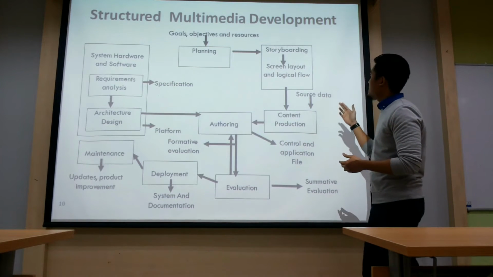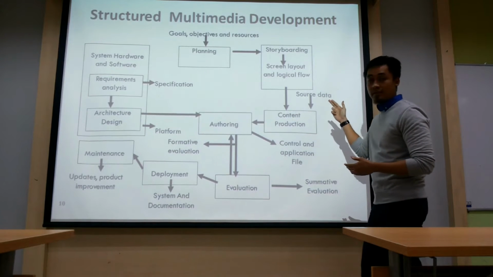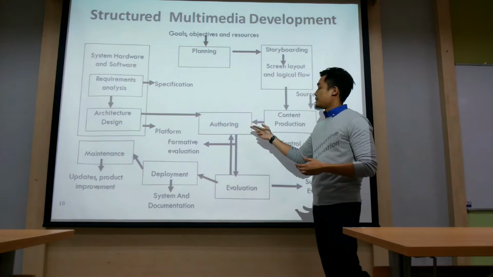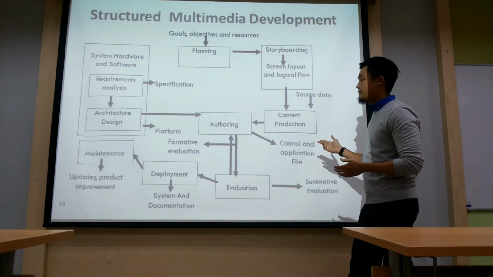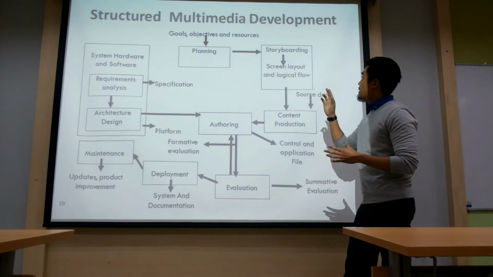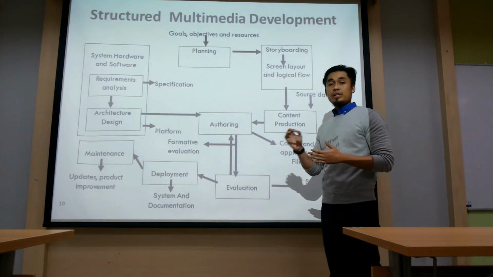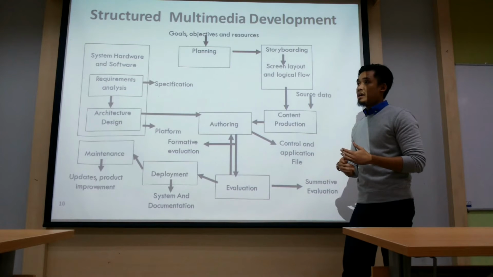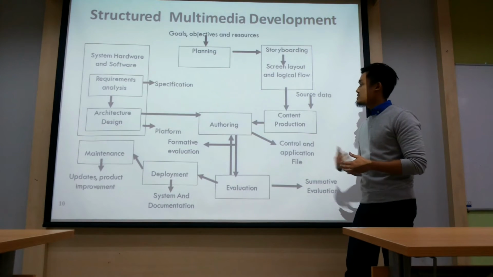So basically it will go to the content production. It will include the source of data, and also it will go to the authoring side. Authoring can control application files. After we have done the process of storyboarding, we can author which one is the mistake or which one can be redone to become greater and more successful.